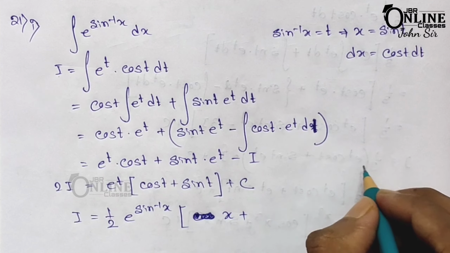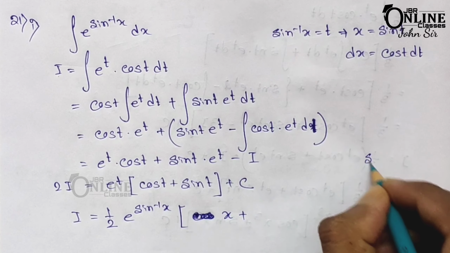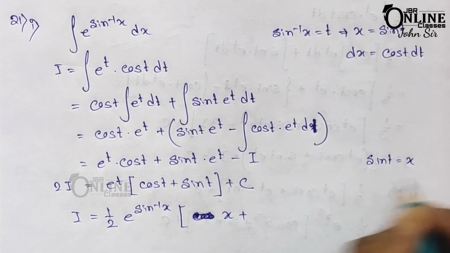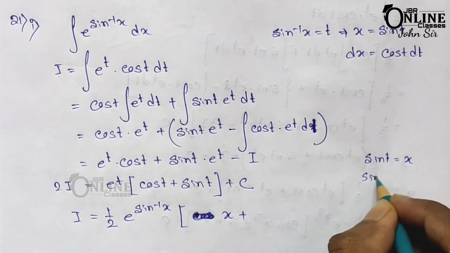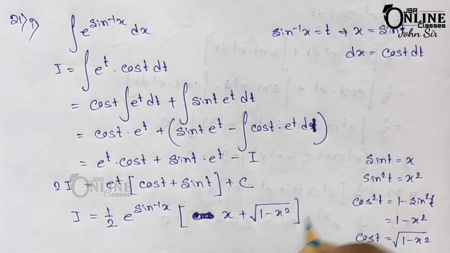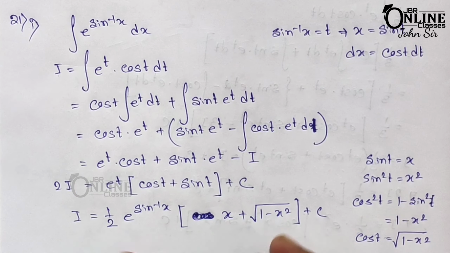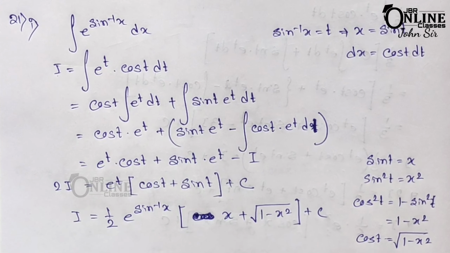And for cos t, as you know that sin t equal to x, then sin square t equal to x square, and then cos square t equal to 1 minus sin square t. So it will be 1 minus x square, then cos t equal to root over 1 minus x square. Just put down the value. Okay, so that is your answer.